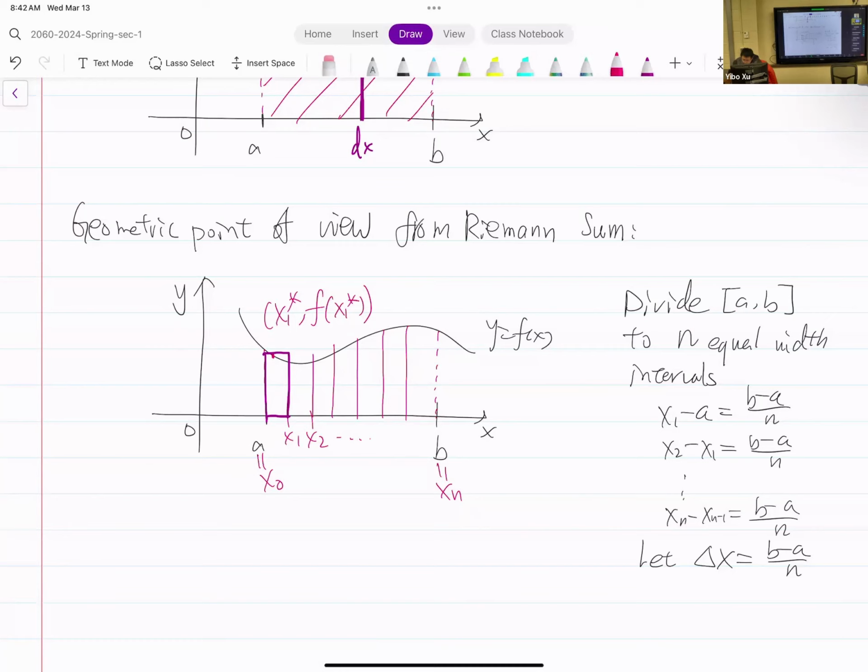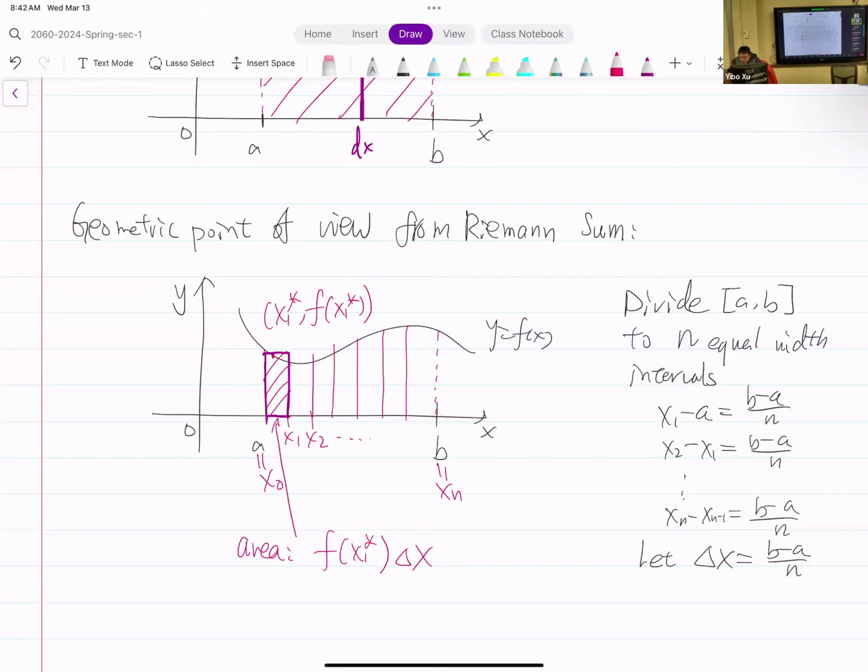I'm going to put it in red. So the area of the rectangle is f of x1 star, the sample functional value, multiplied by the width.